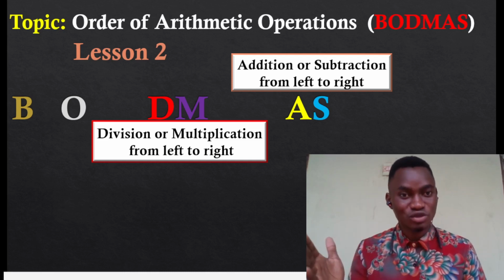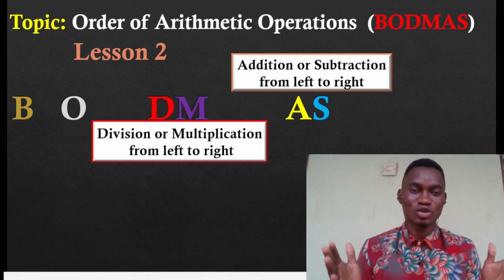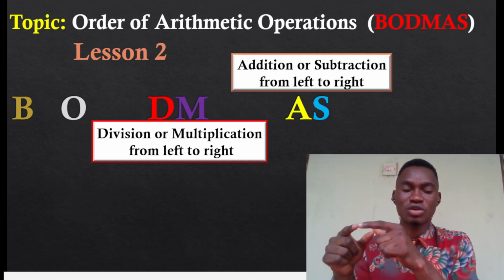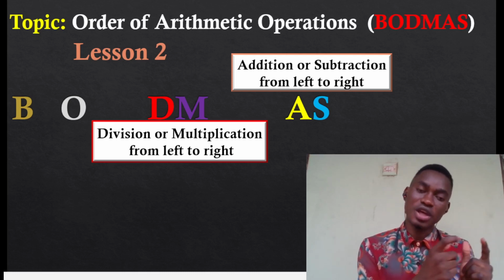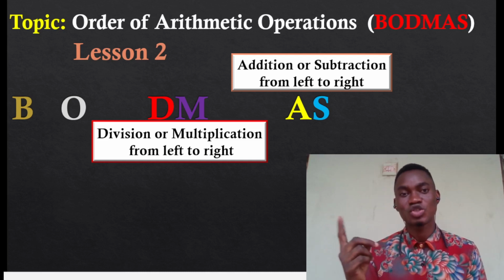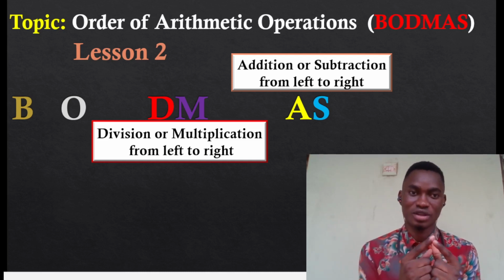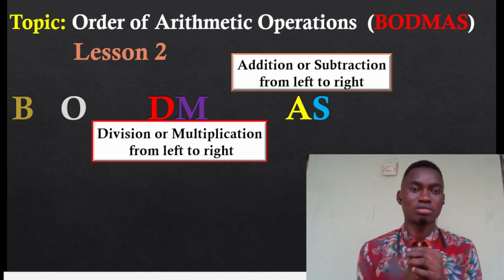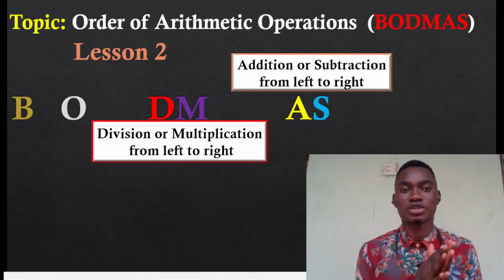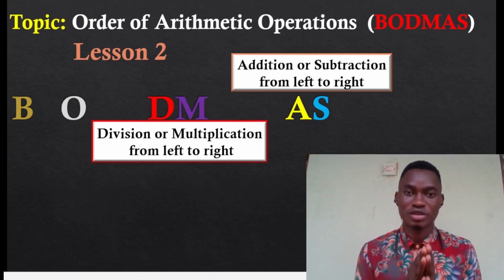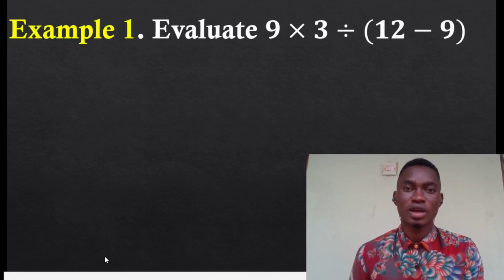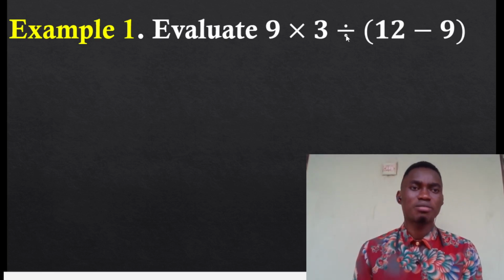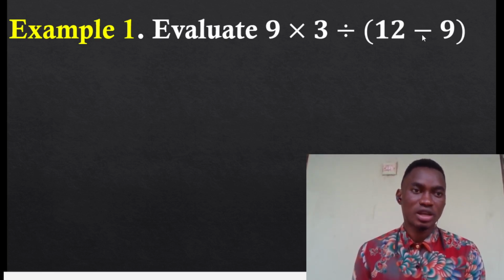So it means if an addition operator comes before a subtraction operator, then the addition operation should be performed first, then followed by the subtraction operation. It's just that simple. Let's look at the first example. Example 1. Evaluate 9 times 3 divided by, in bracket, 12 minus 9.